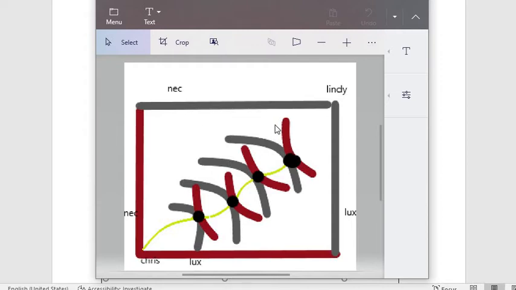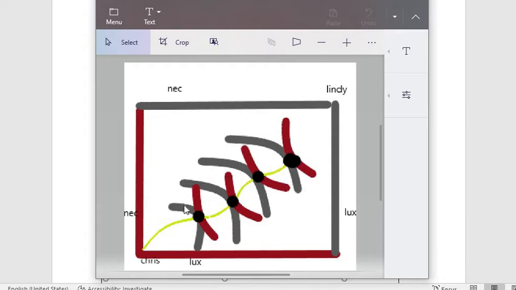Let's just say that was 100 necessities and this was like 20 luxuries. Every point along here where you have higher necessity and luxury combinations would yield a higher total utility for Chris. And now looking at Lindy, for Lindy, the indifference curves go this way.